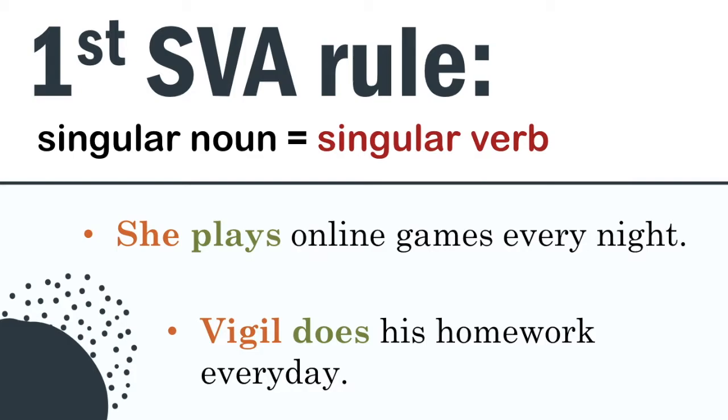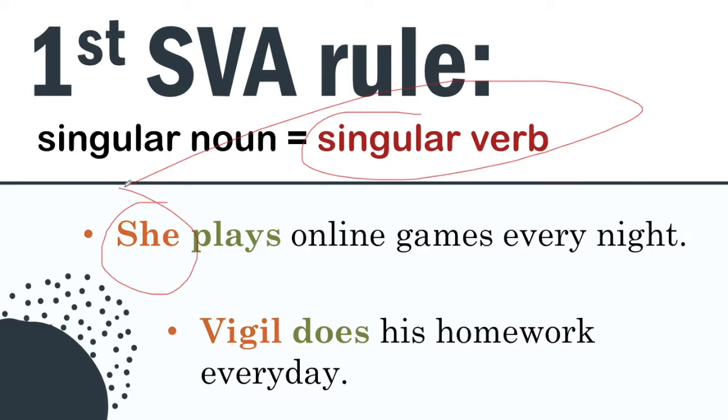We have here the subject she. And of course, when we use she, how many are we talking about? Definitely, we're only talking about one girl or one woman, right? Therefore, if you already used a singular subject, you have to use a singular verb.